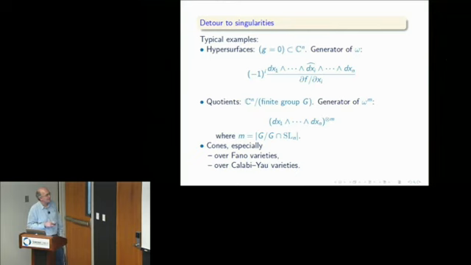And then the third set of examples that is good to keep in mind is just cones, where you can take a cone over a Fano variety or maybe a cone over a Calabi-Yau variety. These are particularly relevant for us. Now, for some time, there was a belief that these are really fairly typical among the classes of singularities that we have.